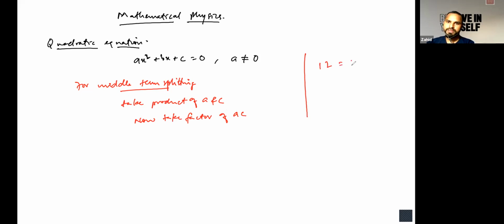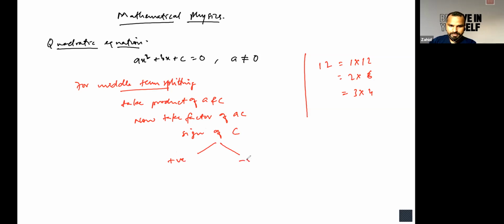So the factors would be 1 into 12, 2 into 6, 3 into 4. That's it. So 12 can be rearranged by these 3 different expressions. Now, on the basis of the sign of C, arrange these factors which equal this middle term B. So how to arrange depends upon the sign of C.